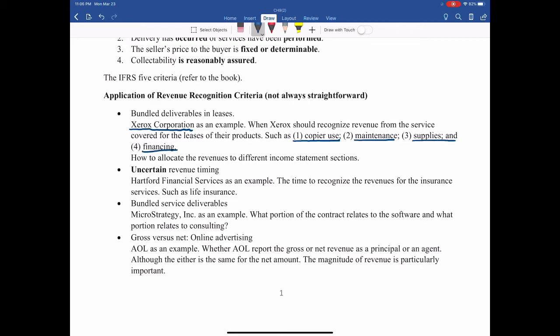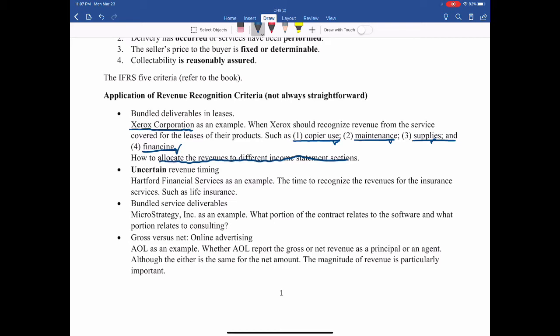And we know the revenues from the copiers' use, maintenance, supplies, and financing are different revenues. But when the customer makes the payments, it is a single sum payment. How to allocate the revenue is a problem. So when you analyze a firm such as Xerox, you should read their revenue recognition principle to understand how they recognize their revenue. This will help you to predict their future performance.